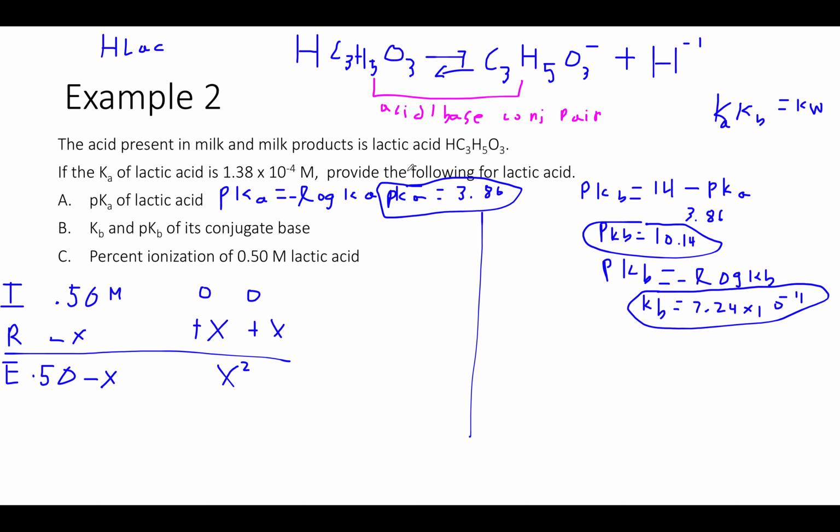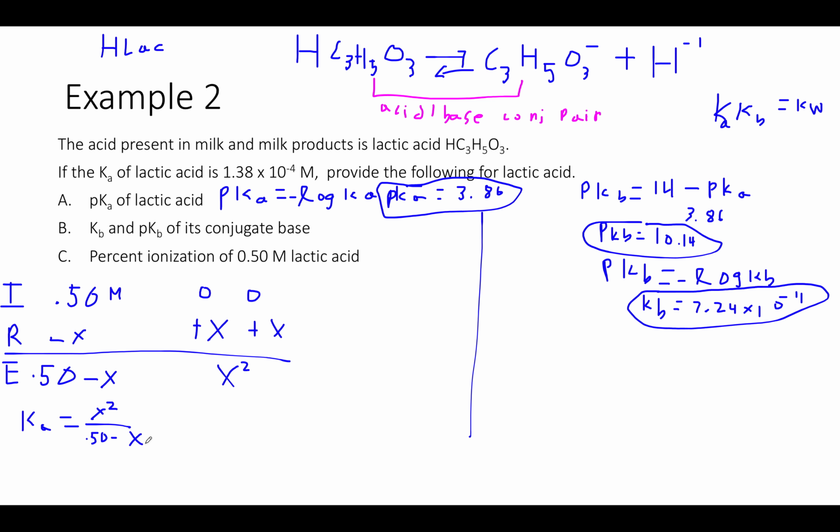I know the Ka of the lactic acid, so I could say that the Ka is equal to X squared over 0.5 minus X. Now there is a little bit of a problem here because X is in the denominator, which means to bring it up, I would have a quadratic term and it would make it a little bit messy. But since the Ka is greater than 10 to the negative third, we can eliminate the X in the denominator. That's just a rule.